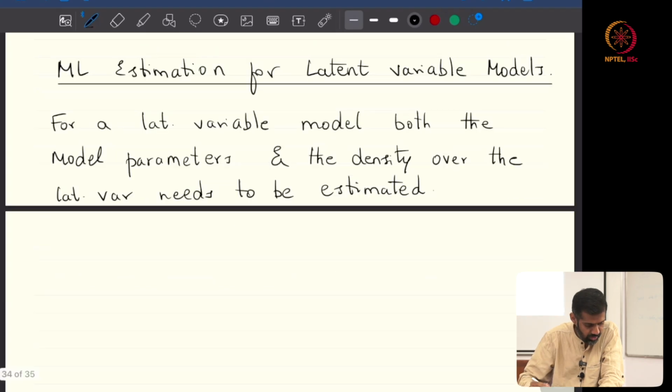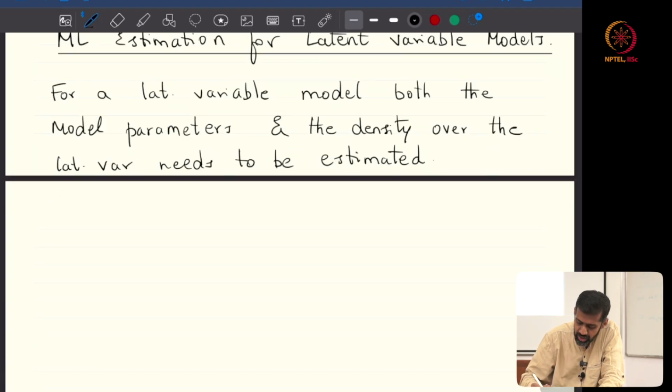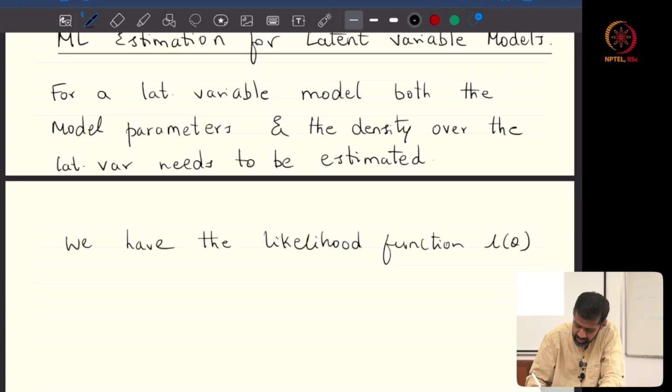So let us look at how this turns out mathematically. So we have the likelihood function. I will call that L theta, okay, for the notation sake. So L of theta is log p theta of x.